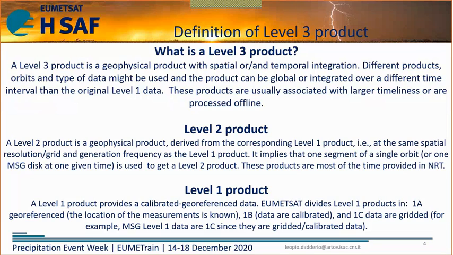Usually these products have a large timeliness or are offline. On the other hand, a level 2 product is always a geophysical product, but it's derived from the corresponding level 1 product. So it has the same spatial resolution and generation frequency of the level 1 product.